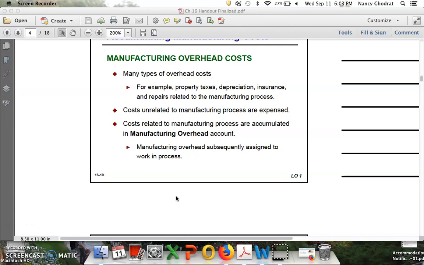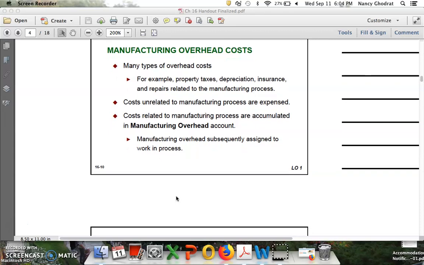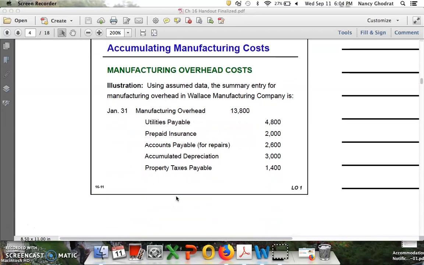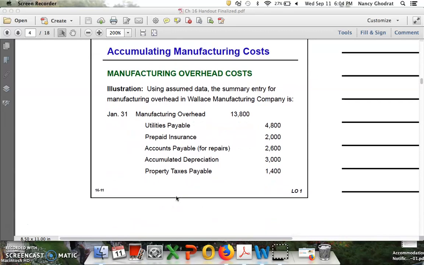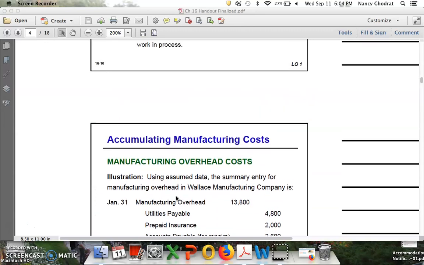So it is property tax related to the factory, depreciation on equipment and machinery of the factory, insurance for the factory, repairs for the factory equipment, and so everything related to the factory is going to go into an account called manufacturing overhead, which is an expense. So in this case, Wallace Company has in total manufacturing overhead of $13,800.